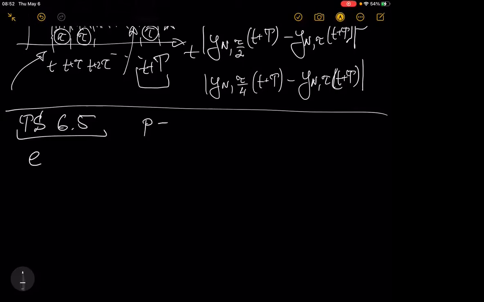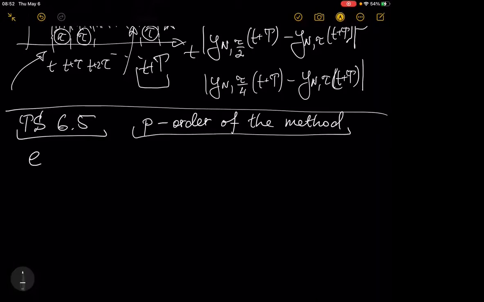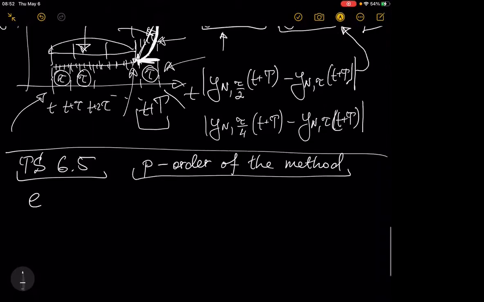If P is the order of the method, remember that the order of the method is how your error scales at the end point of the interval, so the global error scales with time step tau.